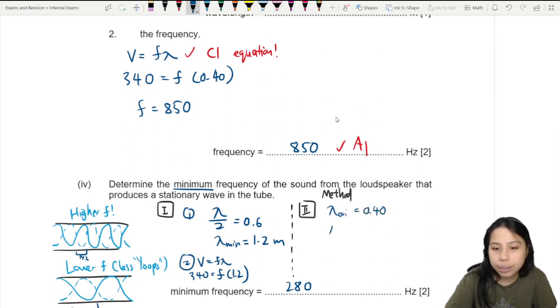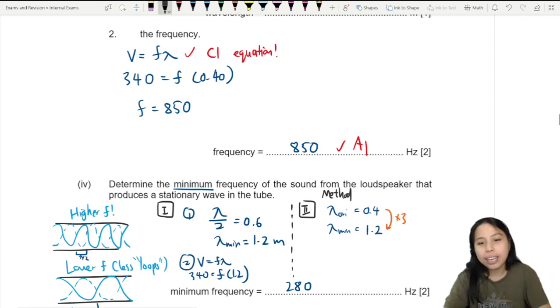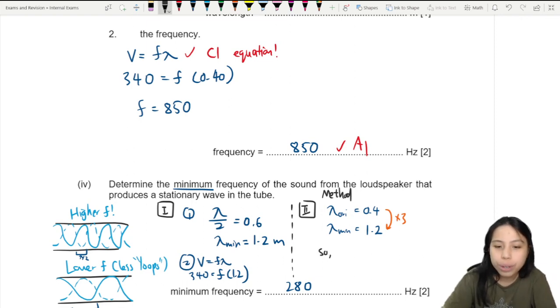Then we calculated a new minimum lambda of 1.2. So if you look at the ratio of these two, it is about times 3. So your frequency will be divided by 3. So the minimum frequency will be the original frequency divided by 3.